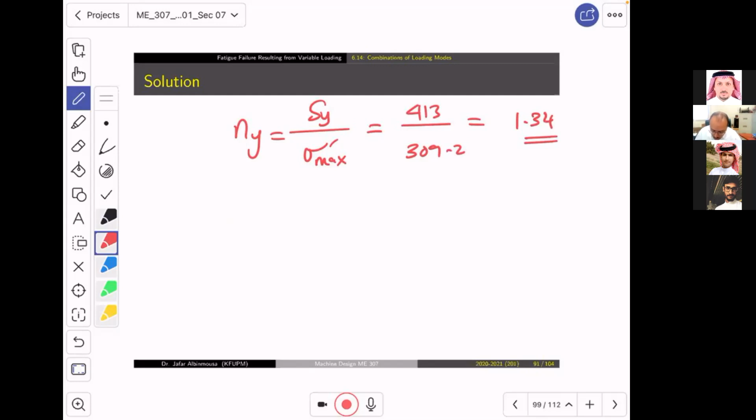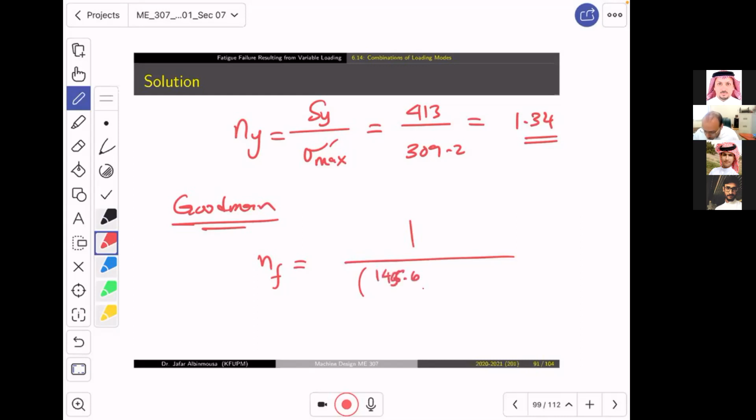Now, if I want to use Goodman, the factor of safety nf is equal to 1 over sigma amplitude, which was 145.6, divided by the endurance limit, 276, plus the mean stress, 178.4, divided by the ultimate strength, 551.